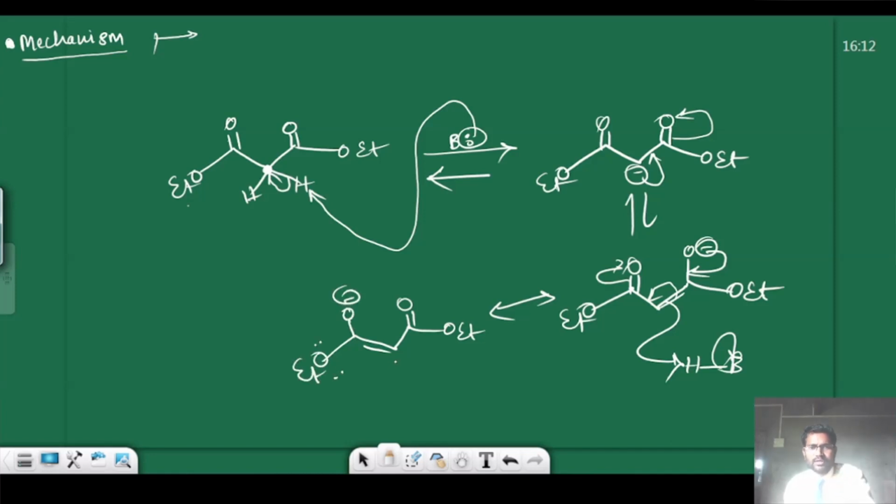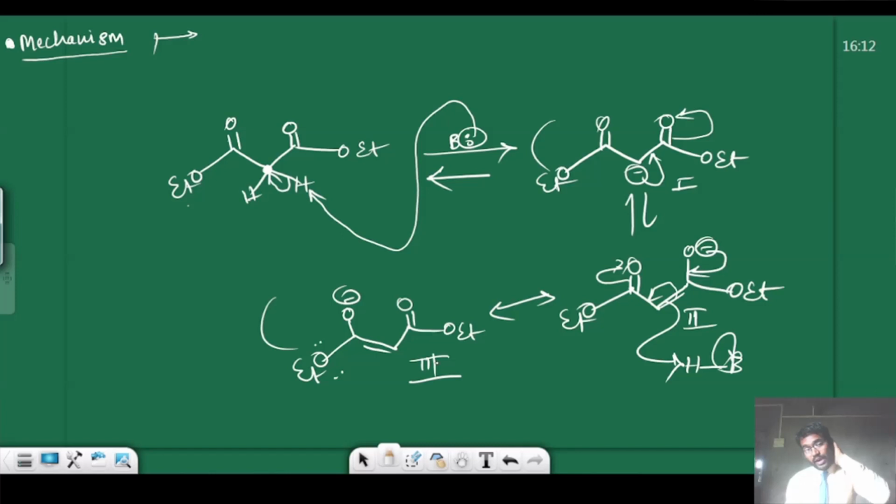So this is the first canonical structure, this is the second, and this is the third. Now this mechanism is completed.